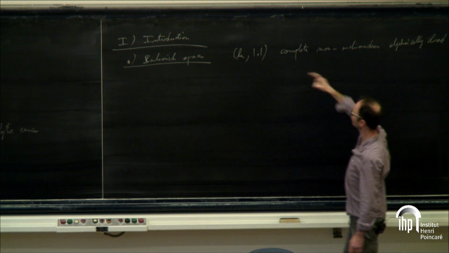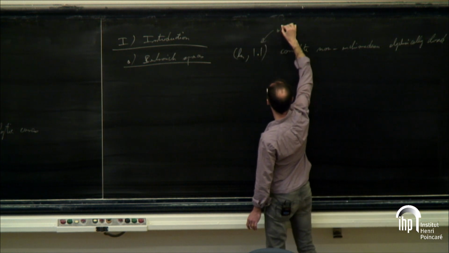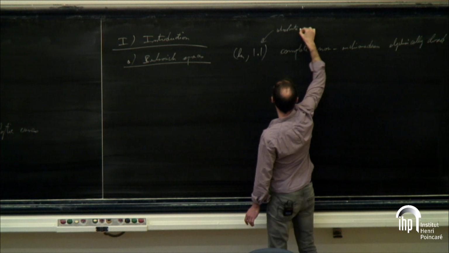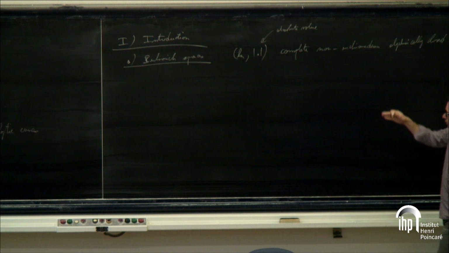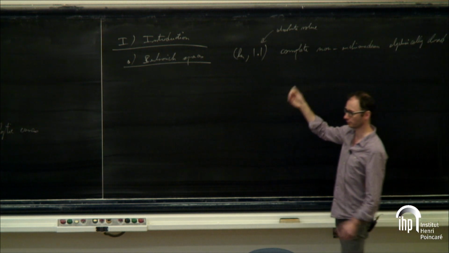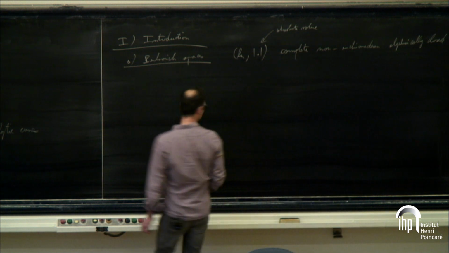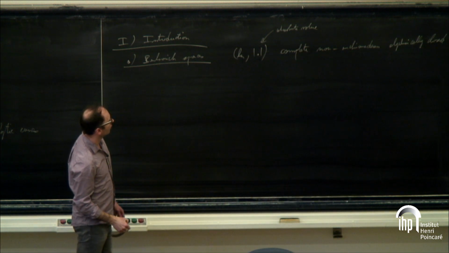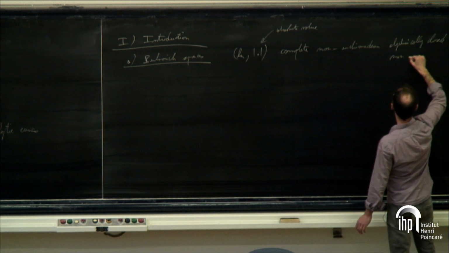And maybe most importantly, this is an absolute value, so this is really a valuation of rank 1. For all we do in Berkovich geometry, it's important to be of rank 1 here. At some point, I will need to assume that too.